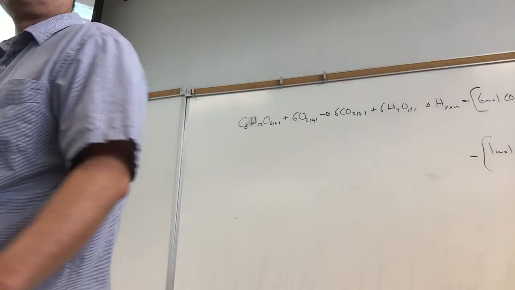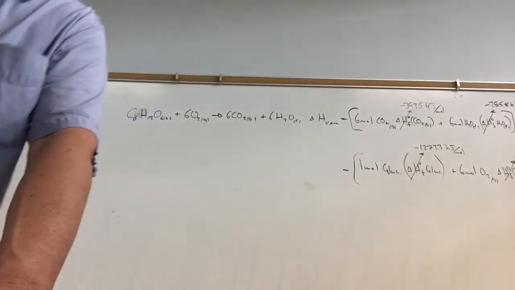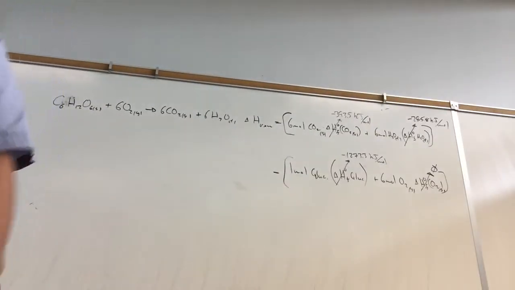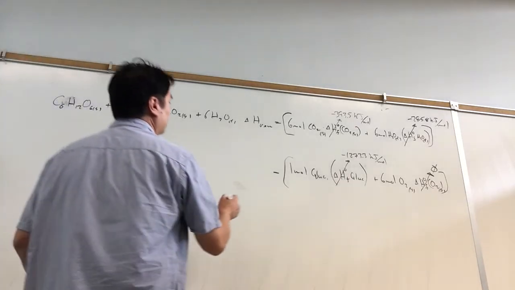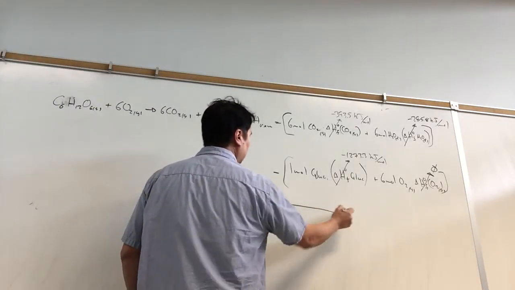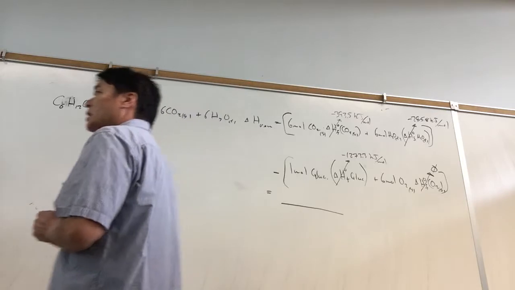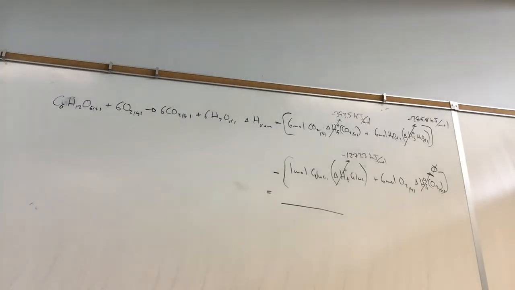So what does that equal? You can just calculate that out and figure out what delta H of the reaction is. Once we have delta H of reaction, that gives us the heat of reaction for 1 mole of glucose. Will 1 mole of glucose be enough to climb the mountain? Well, let's see.